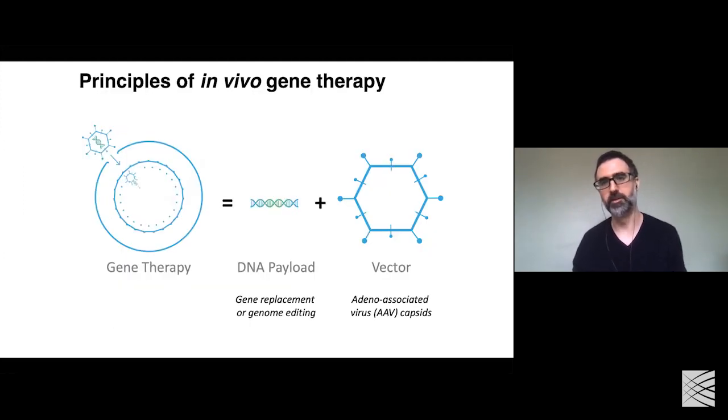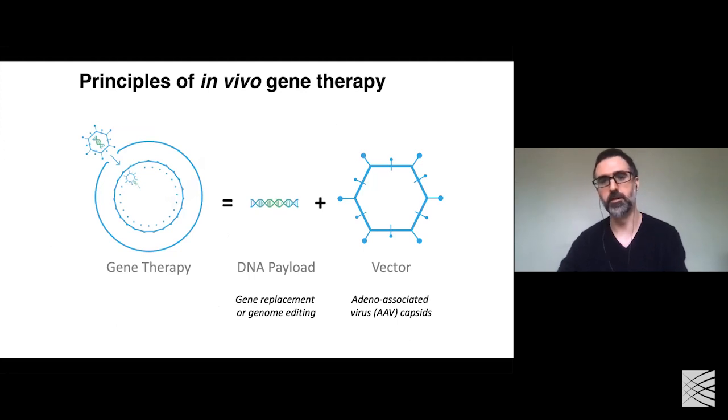To provide a very simple picture of that, gene therapy is essentially two elements: the DNA payload, typically the gene that's going to replace a natural gene, or in some cases, like genome editing, the proteins which are going to actuate a change, like a genome surgery. And then there's the vector used to deliver that payload.